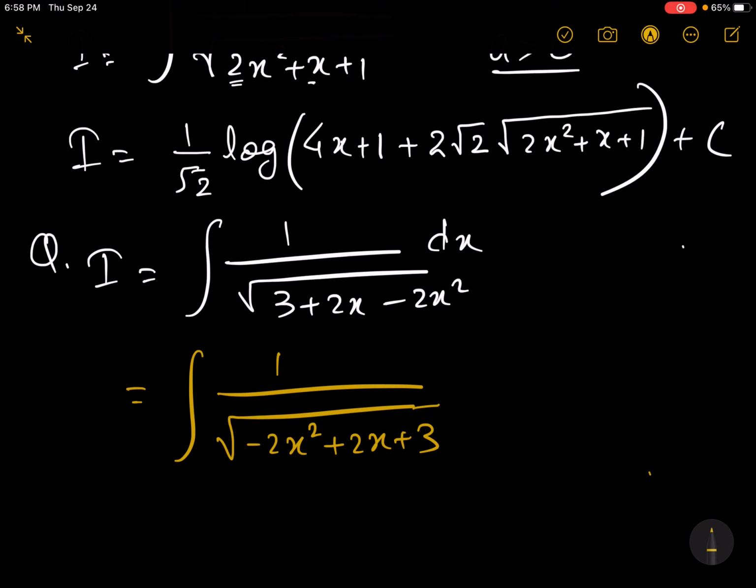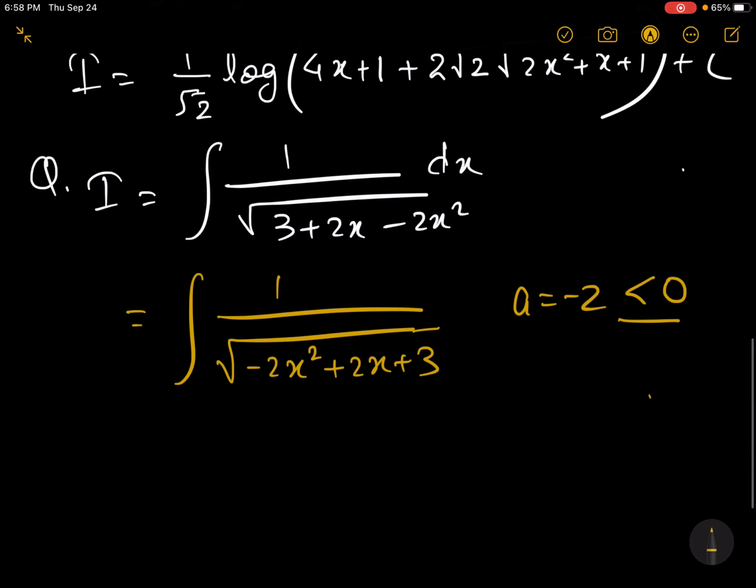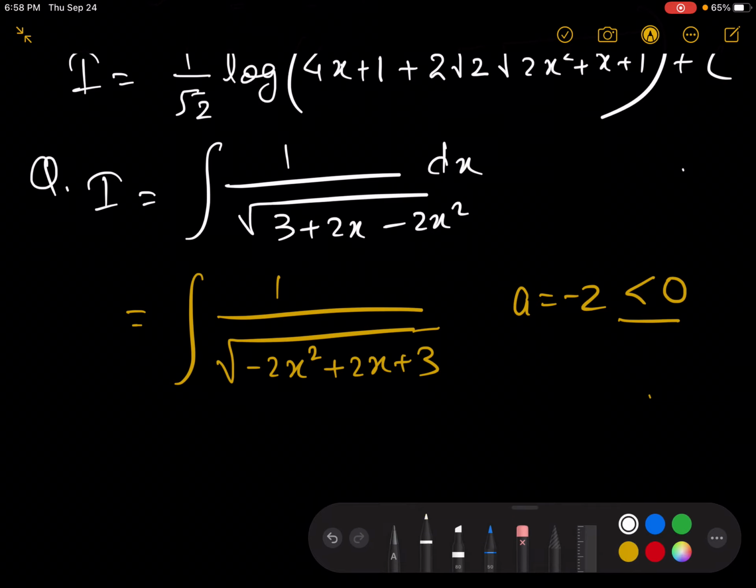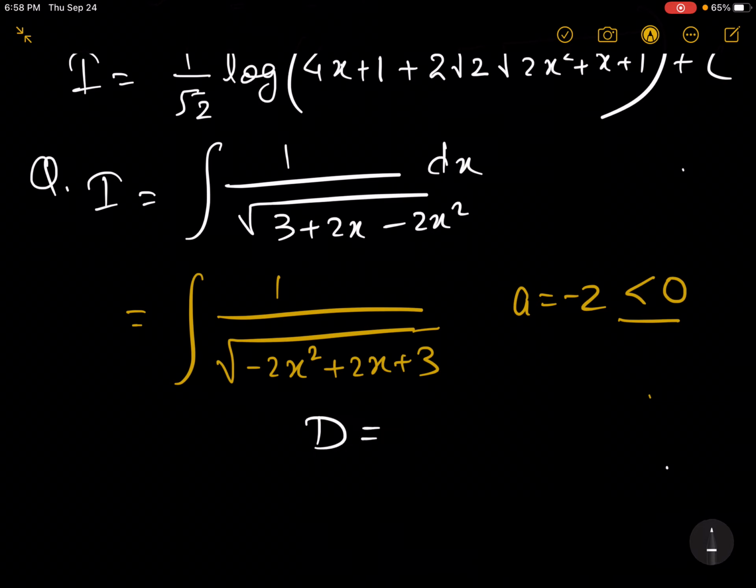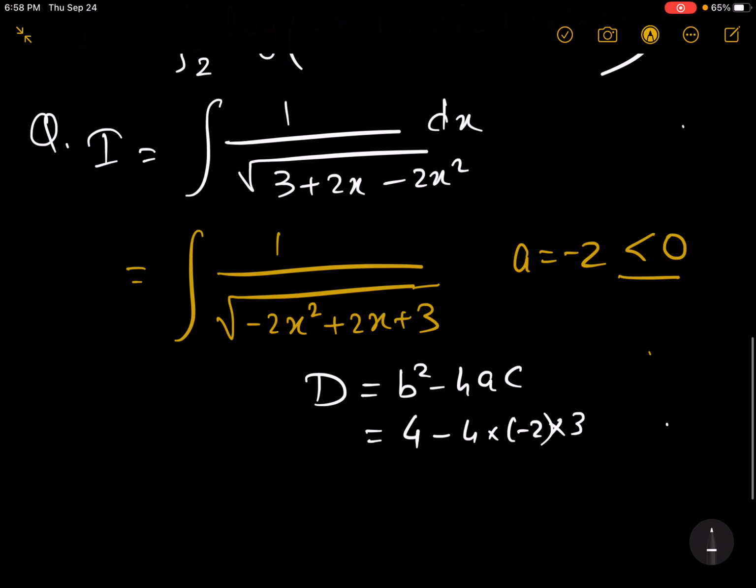We can see here a is equal to minus 2, which is less than 0, and when a is less than 0, we have to find d, and d is equal to b square minus 4ac, which equals 4 minus 4 into minus 2 into 3.